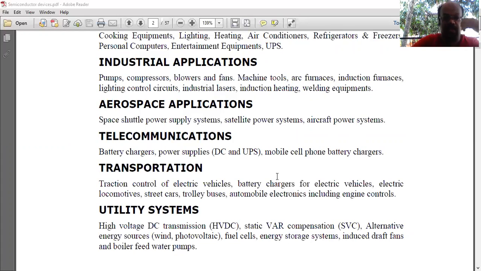And utility systems, in the sense of very high voltage DC transmission. Of course, when the transmission line is more than 780 kilometers, only then do we prefer an HVDC transmission line. That's why we don't see it very commonly. It has a break-even distance, because the investment and huge amount of components are needed.